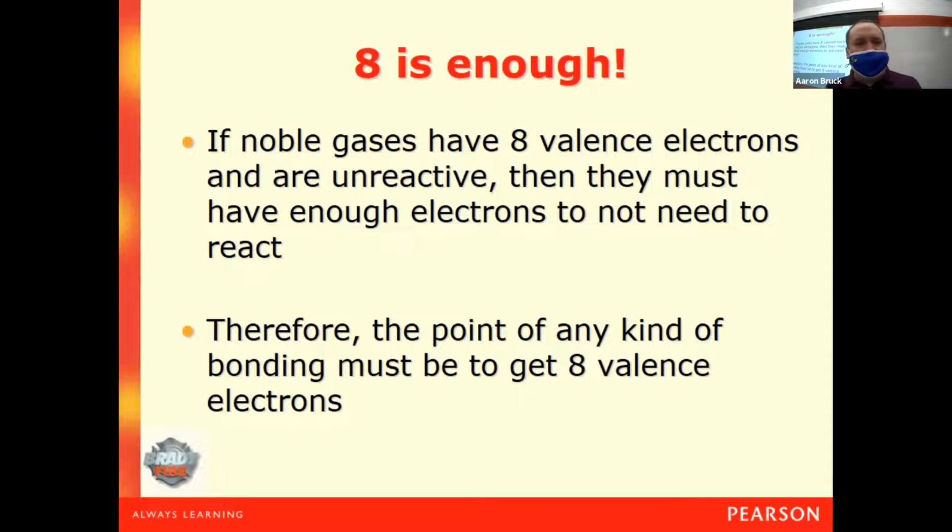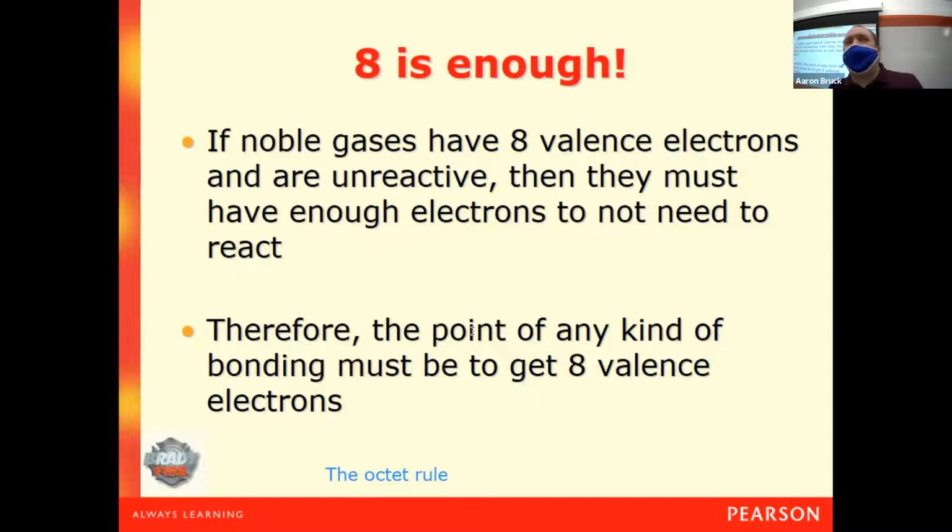And so this rule that we just shared here is known as the Octet Rule. The Octet Rule states that the whole purpose of bonding is to get those 8 valence electrons.